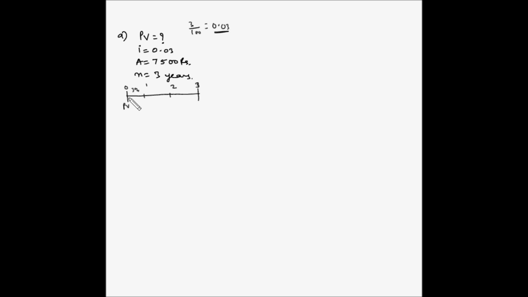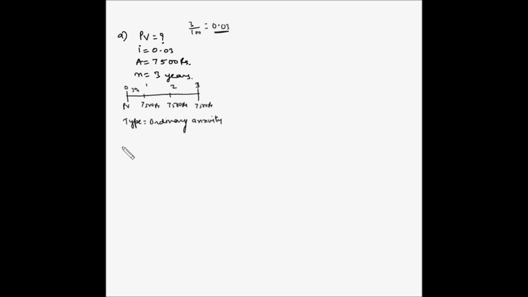This value today is PV, and we want to be able to withdraw 7500 rupees at the end of each of the next 3 years. Now this is of course an annuity, so basically we are trying to find the present value of an annuity, and since we are withdrawing at the end of each of the years, the type is ordinary annuity.